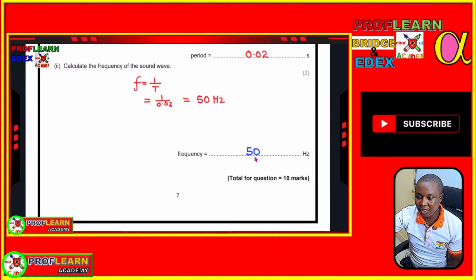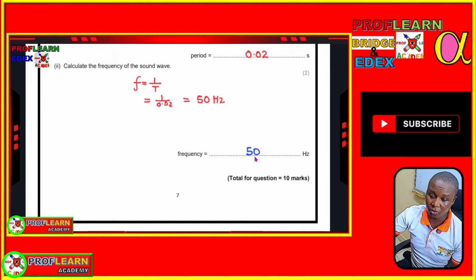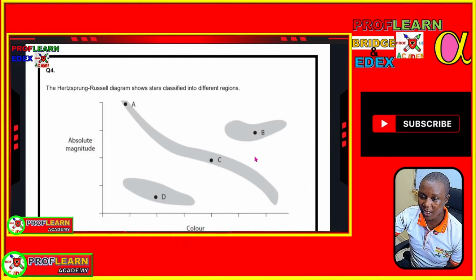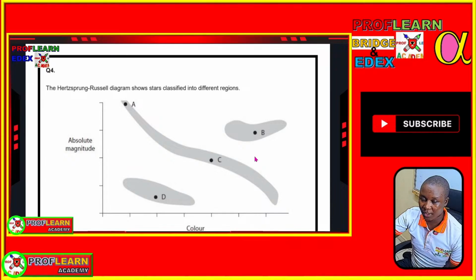In the event they want you to work out speed, they must give you the wavelength, and then you use the wave equation, v equals f lambda, to work out the speed of sound from the oscilloscope. Once you have the wavelength and the frequency, speed is frequency times lambda.